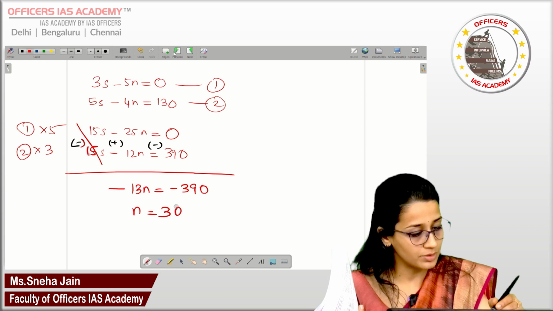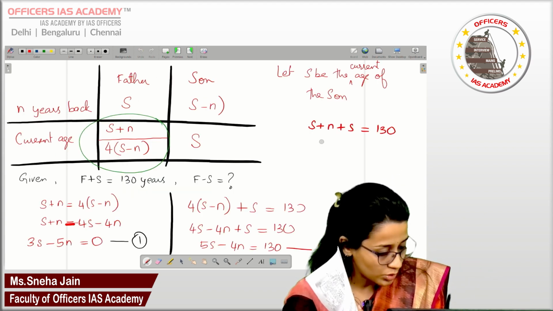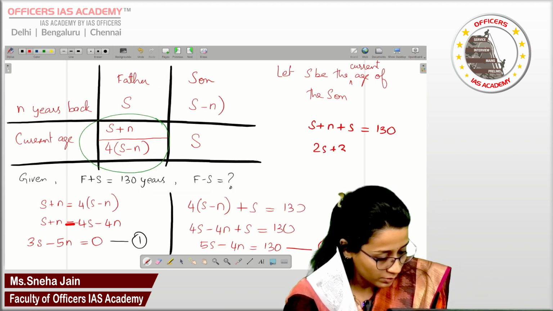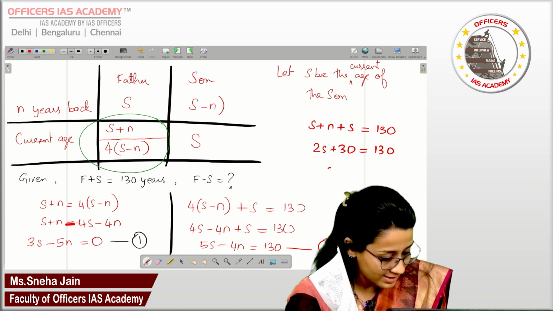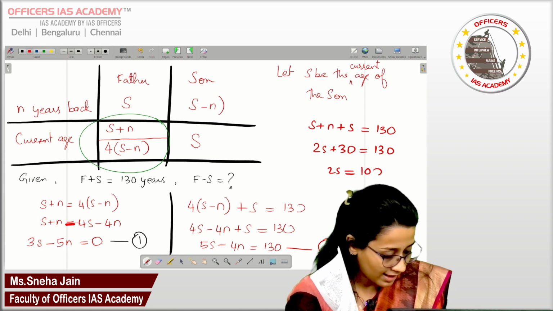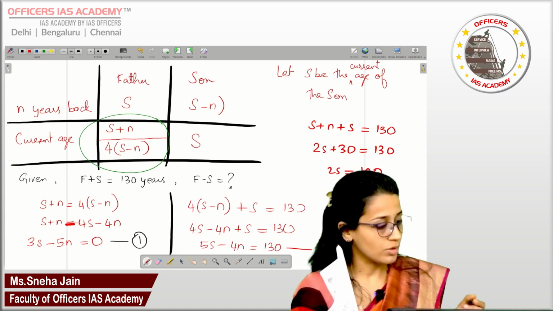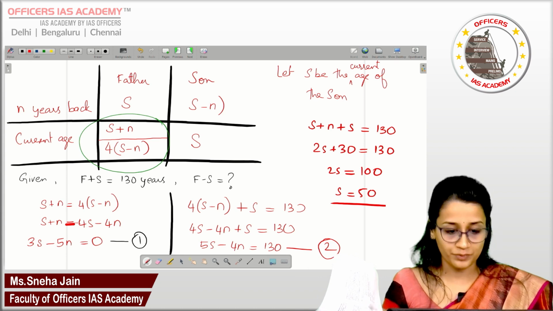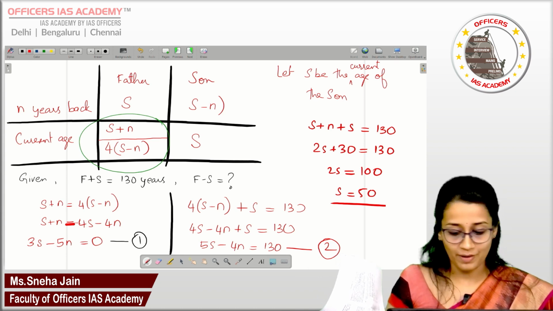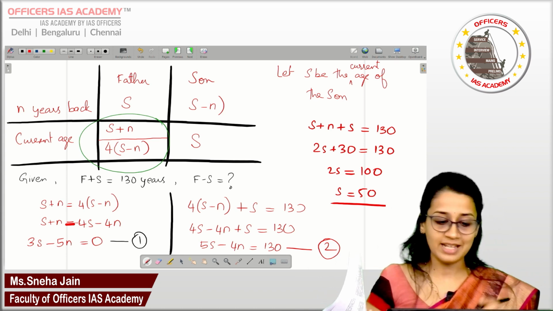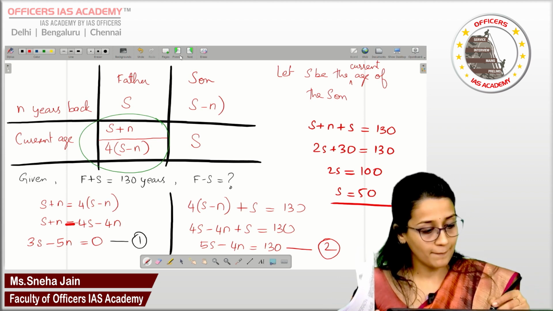So I'm going to substitute this now here. So 2S plus 30 is equal to 130. So 2S is nothing but 100 and S is equal to 50 years. So the current age of the son is 50 years and the current age of the father is 50 plus 30, 80 years. Did you get this?